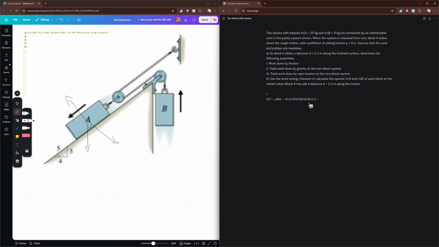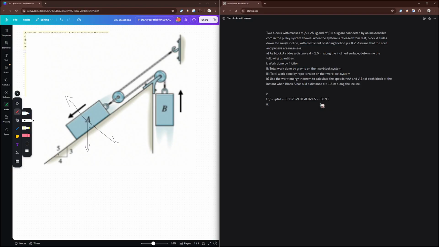So we get this all together, which equals 0.2 times 9.81 times 25 times 0.8 times 1.5, which gives us a work of friction of negative 58.9 joules. And that is our work of friction.